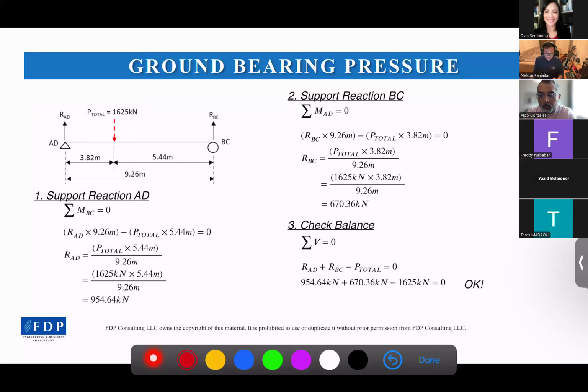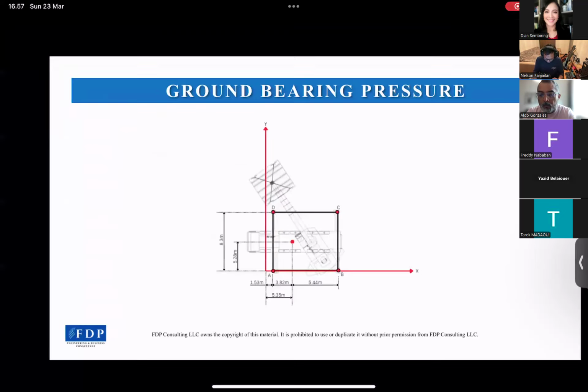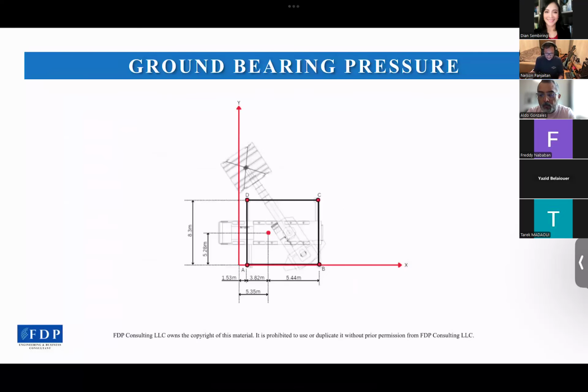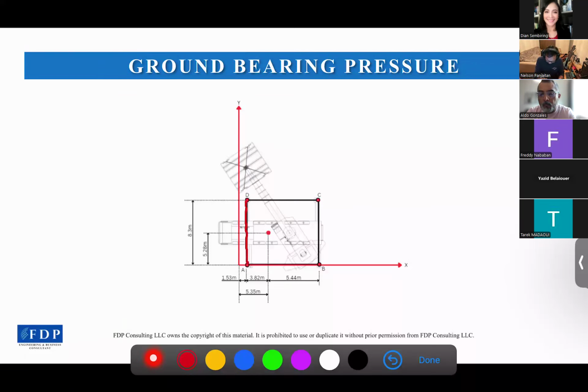So first, same as I mentioned previously, we will distribute the load to one pair of sides. Let's go back to the previous slide. You can choose either the left or right, or these sides.